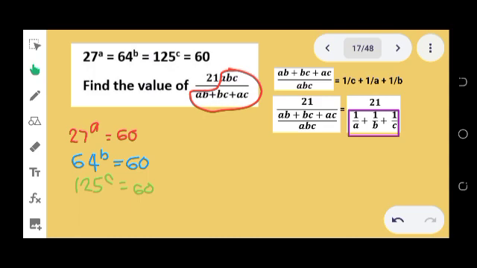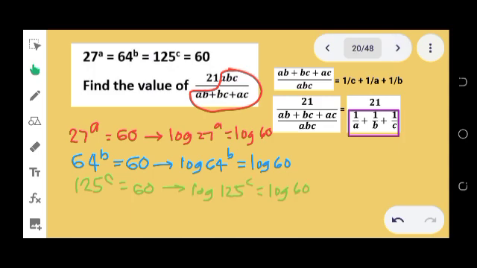So 27 to the A equals 60 becomes log of 27 to the A is equal to log 60. 64 to the B equals 60 becomes log 64 raised to the power of B is equal to log 60. And 125 to the C is equal to 60 becomes log 125 to the C is equal to log 60.